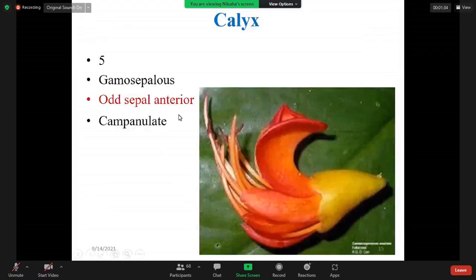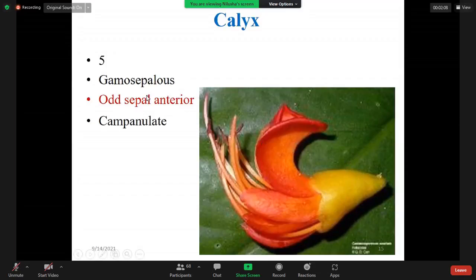Now we will see about the calyx. What is the calyx? During the bud formation condition, the petals are covered by green leaf-like parts that we call sepals. These sepals form the calyx. In here you can see this one is the calyx. 5 calyx are available.